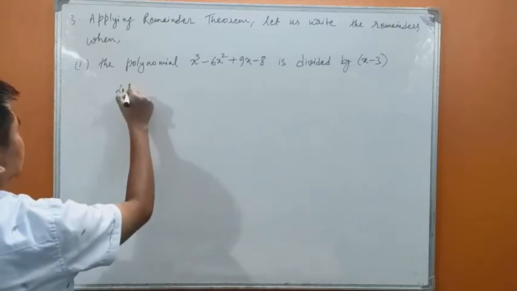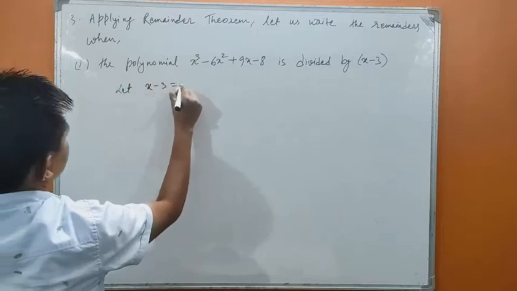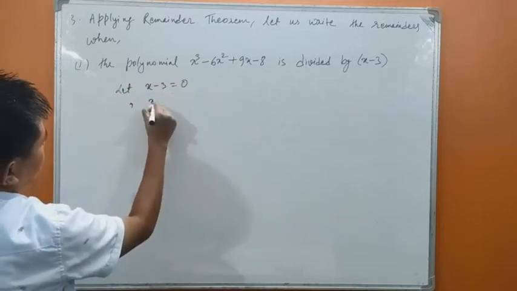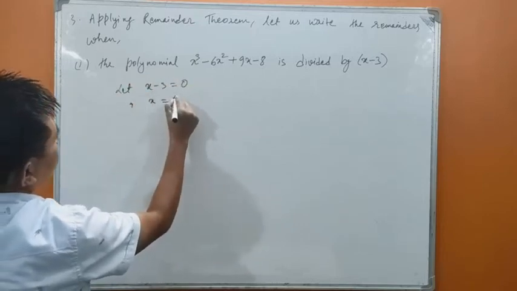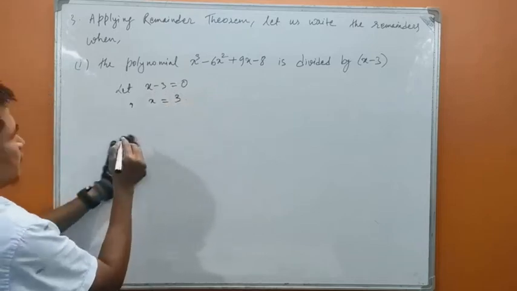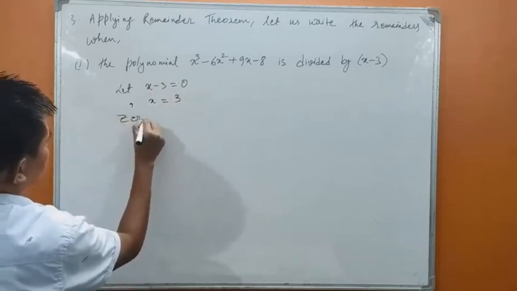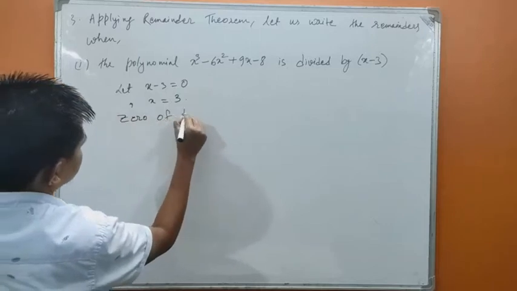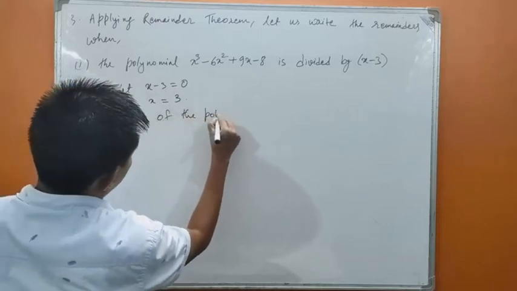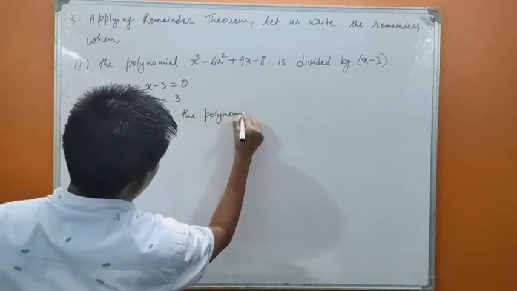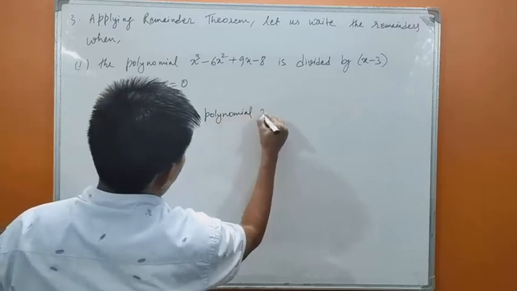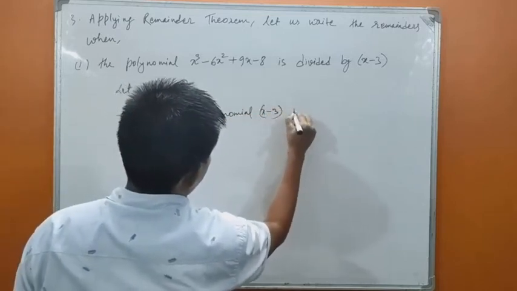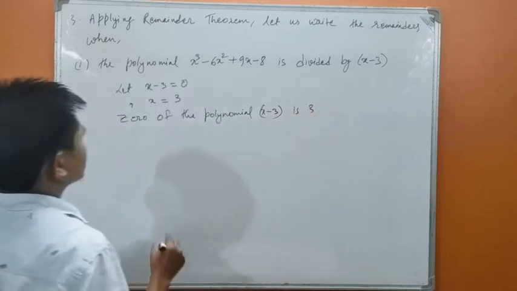Let x minus 3 equal to 0 or x equals to 3, when taken to the right hand side becomes plus 3. So zero of the polynomial x minus 3 is 3. Got it?